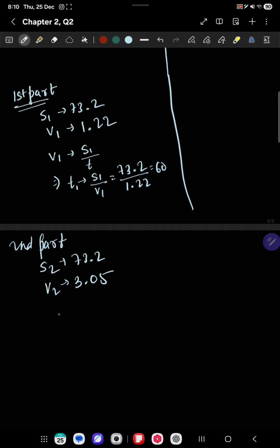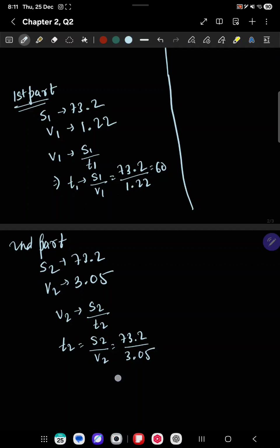So if we find out, we write V2 equal to S2 upon T2. So from here we can write T2 equal to S2 upon V2, and if we feed the value, we will get 73.2 upon 3.05.